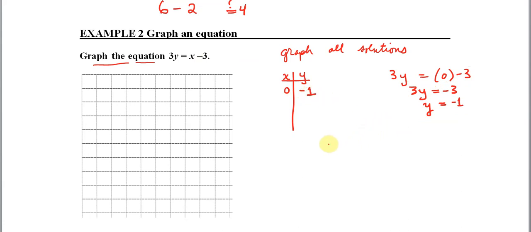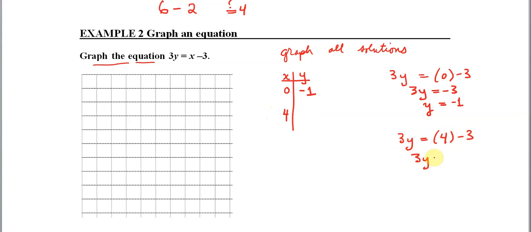Let's try another point. Maybe let's say that x was 4. And again, these points that we're selecting, you can pick anything you want. I like to pick numbers that are relatively small and relatively simple to solve. So 4 is a good number. If x was equal to 4, we would have 3y is equal to 4 minus 3.